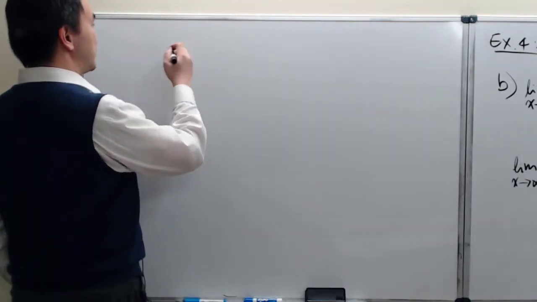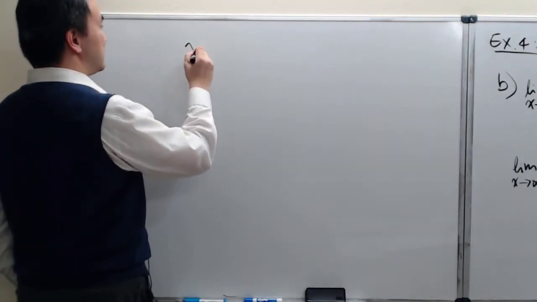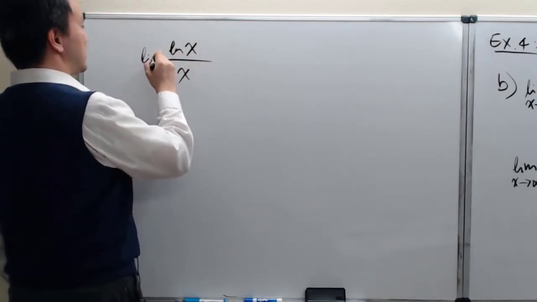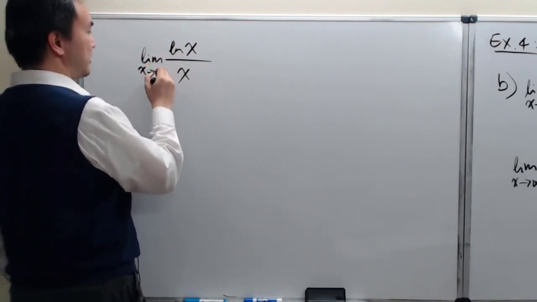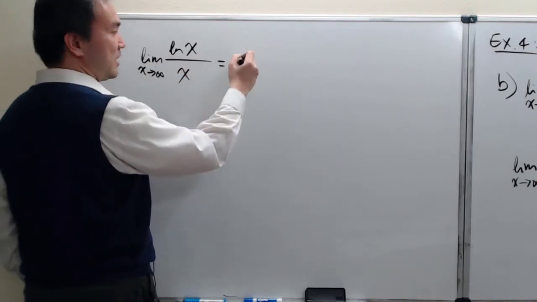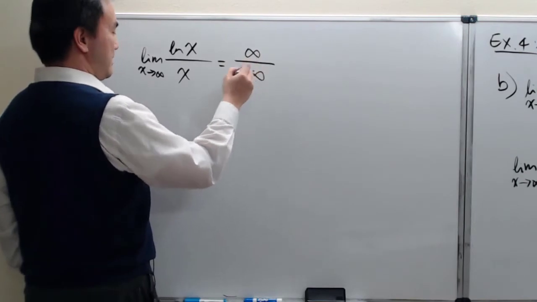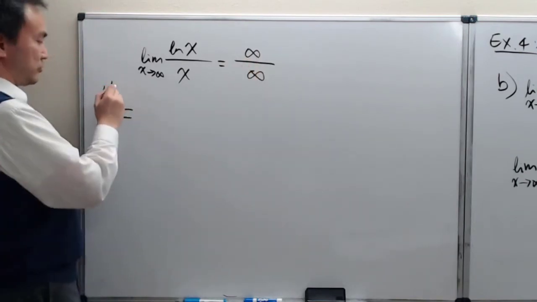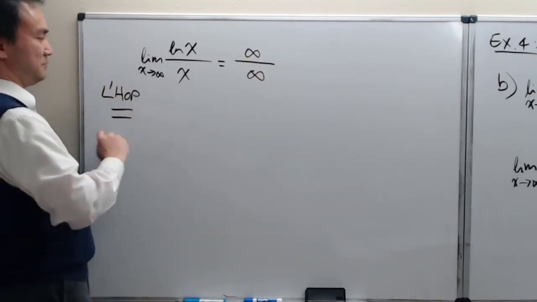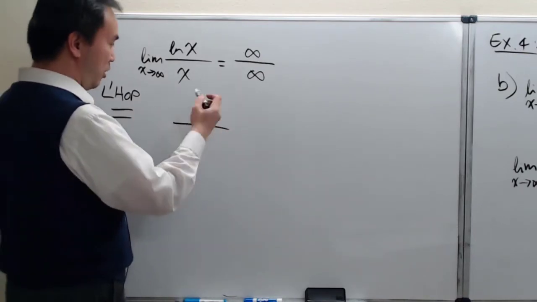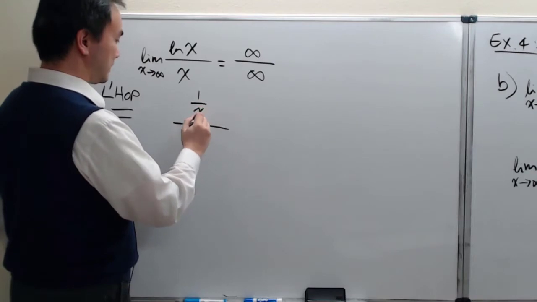If we're attempting to find the limit of natural log of x over x as x goes to positive infinity, then this by itself is an indeterminate infinity over infinity. That means we can use L'Hopital's rule to come up with a new quotient: 1 over x over 1.